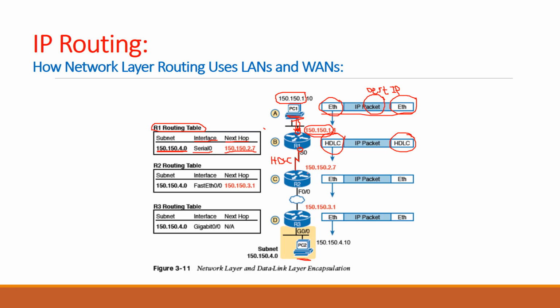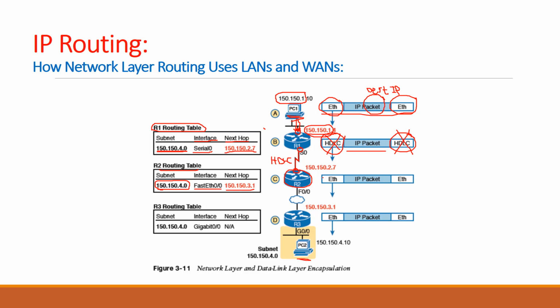Now R2 received the HDLC frame out from this interface. First, it removes the HDLC header and trailer, checks the IP packet's destination IP address, compares it to the routing table, finds the matching entry, and sends out of this interface to this next hop, which is R3.